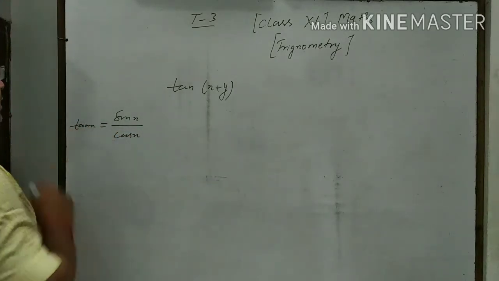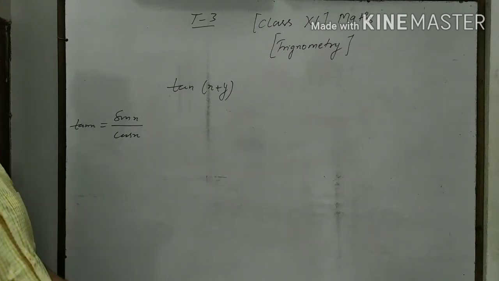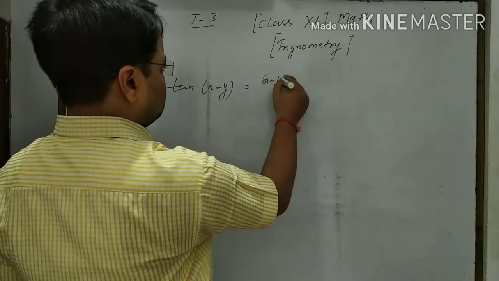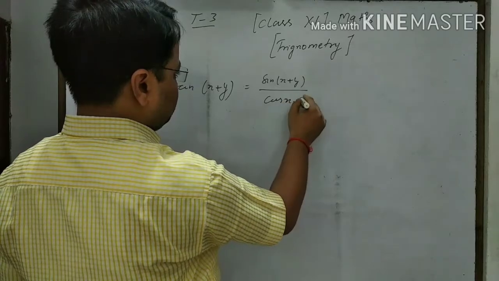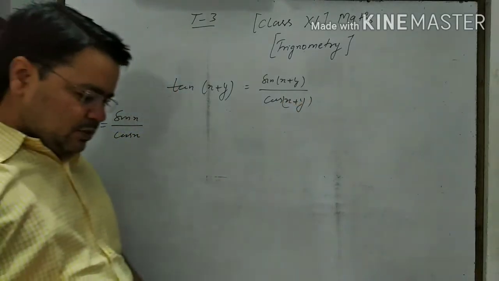We know this, that is the quotient relation. Then tan x plus y, we can write as sin x plus y upon cos x plus y.